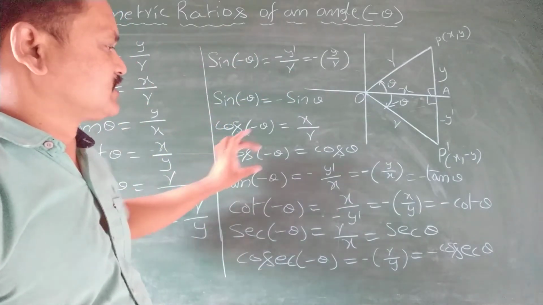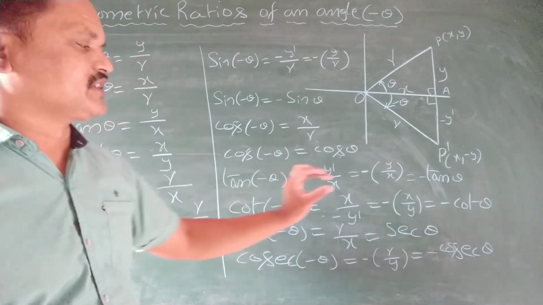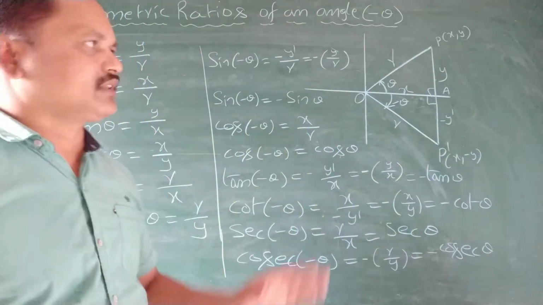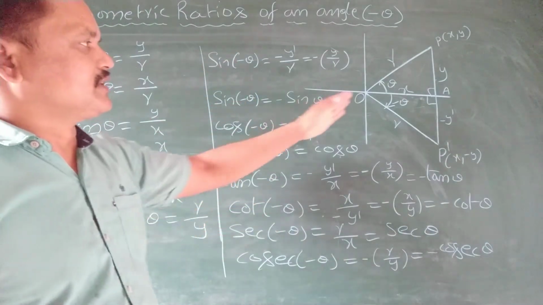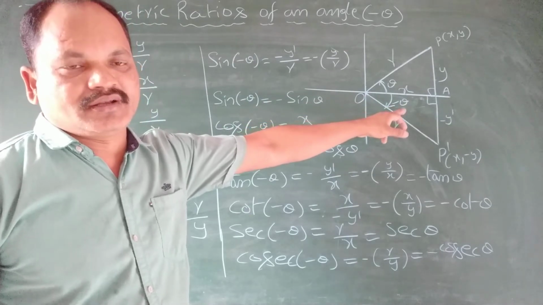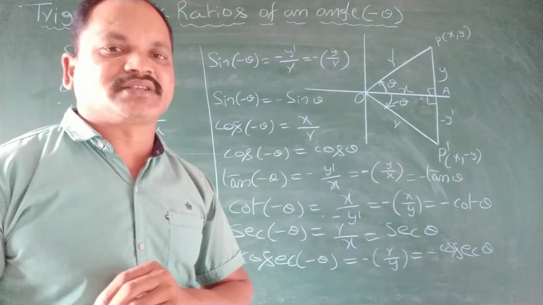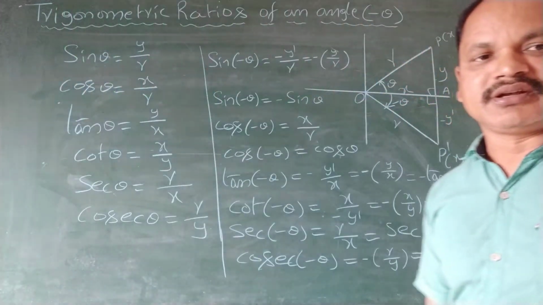That's why tan minus theta is minus tan theta, cot minus theta is minus cot theta, cosecant minus theta is minus cosecant theta. These are for the revolving line moving in the clockwise direction. For clockwise direction, that is a negative angle. For anti-clockwise direction, it is a positive angle. That's all.